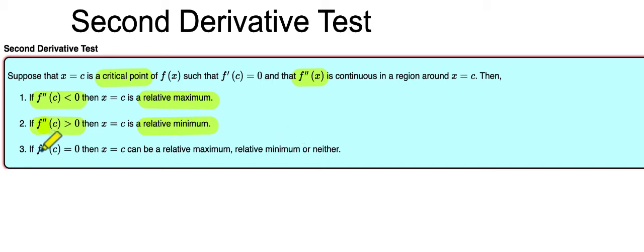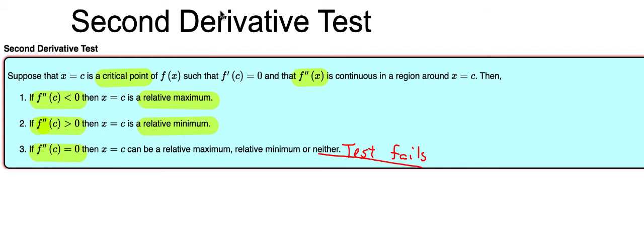If you plug the critical number into your second derivative and you get 0, you could have a relative max, a relative min, or neither. This is the case where the test fails. If you get a 0 in your second derivative when you're substituting in your critical number, then the second derivative test fails and you have to go back to the first derivative test.